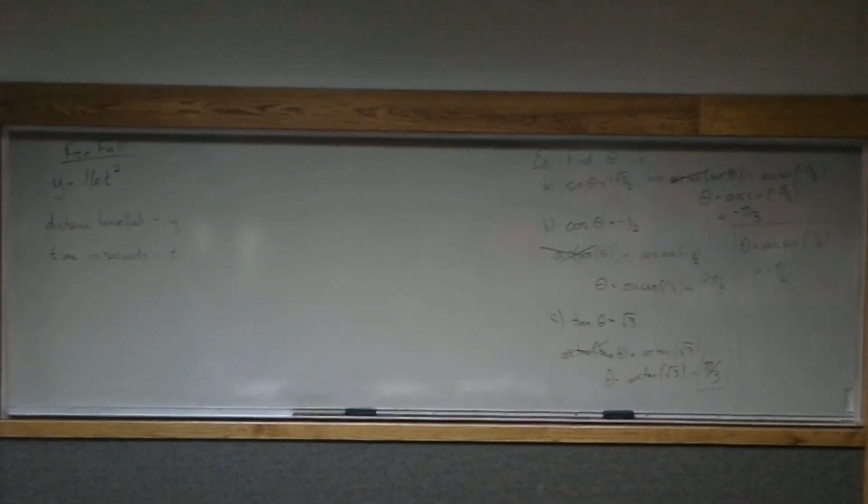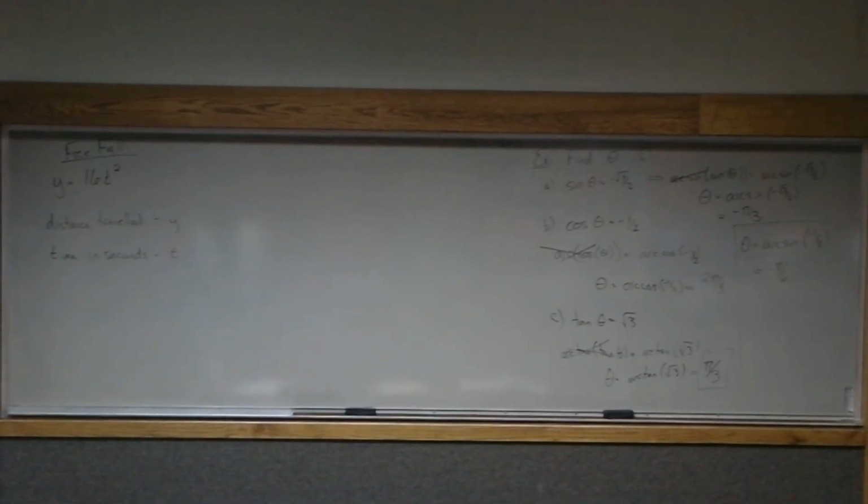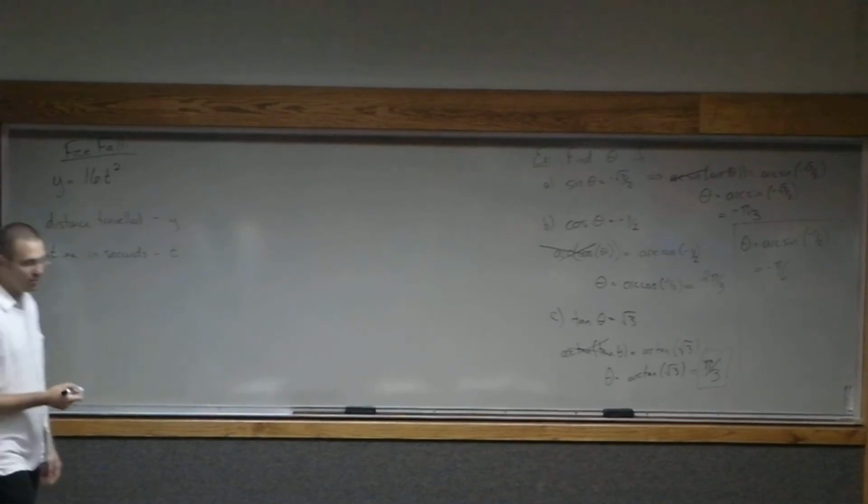So this equation tells us that if you were to just drop something, the distance it falls would be given by this equation right here. That's provided you neglect air resistance and all that other physicsy mumbo jumbo, but we'll accept that. Falling things in a vacuum.